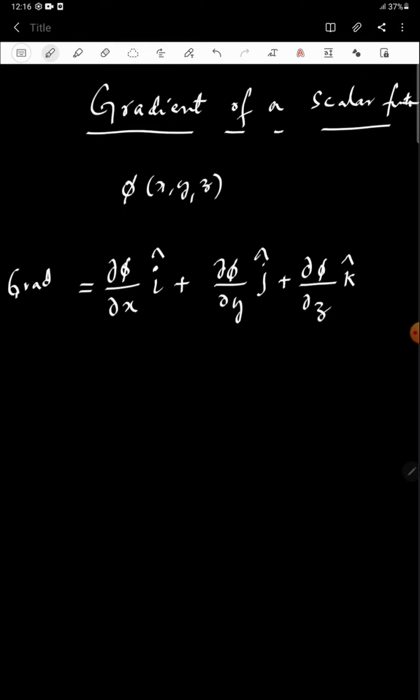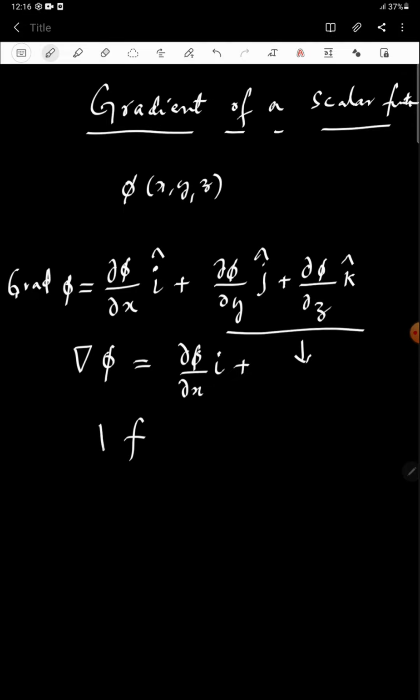In short, we call it grad phi. It is also denoted by del phi. So del phi is nothing but dou phi by dou x i plus the same as it is. So if f is the name of the function, del f is the gradient of f.